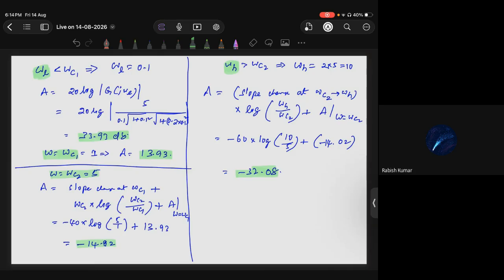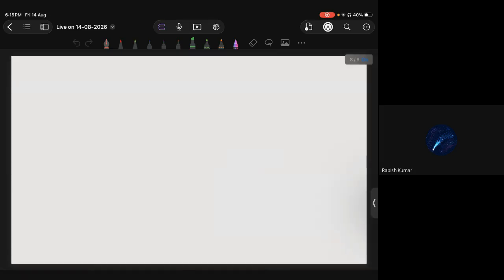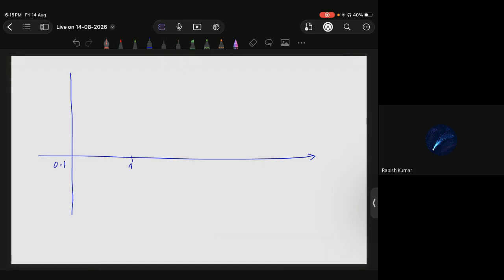So you can draw the plot. Let me draw it here. What are the corner frequencies? This is 0.1, 1, 5, 10.